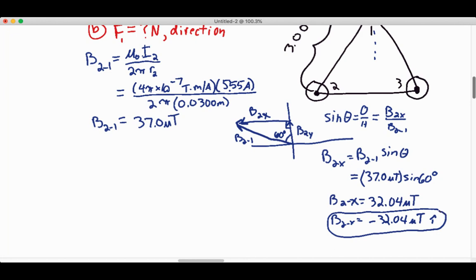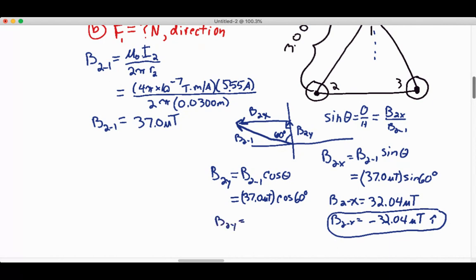So maybe if you go back to this picture, you can convince yourself real quickly that B2y is going to be equal to B2 on 1 times cosine of theta. So that's going to be 37.0 microtesla times cosine of 60 degrees.